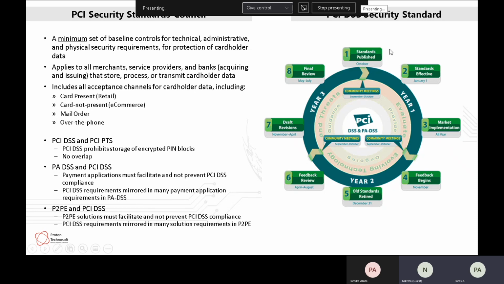Now, unlike the earlier standards like PA-DSS, PCI PTS, P2PE, etc., that we have seen, this PCI DSS is applicable to all the merchants, service providers, and the banks.